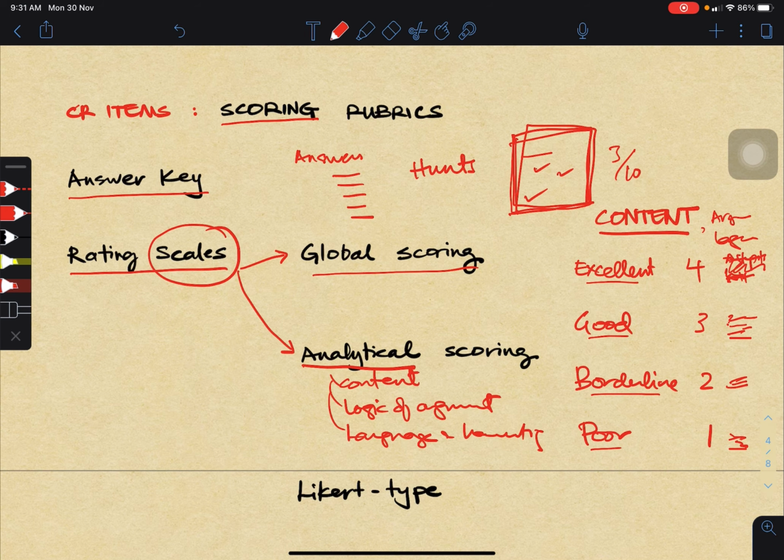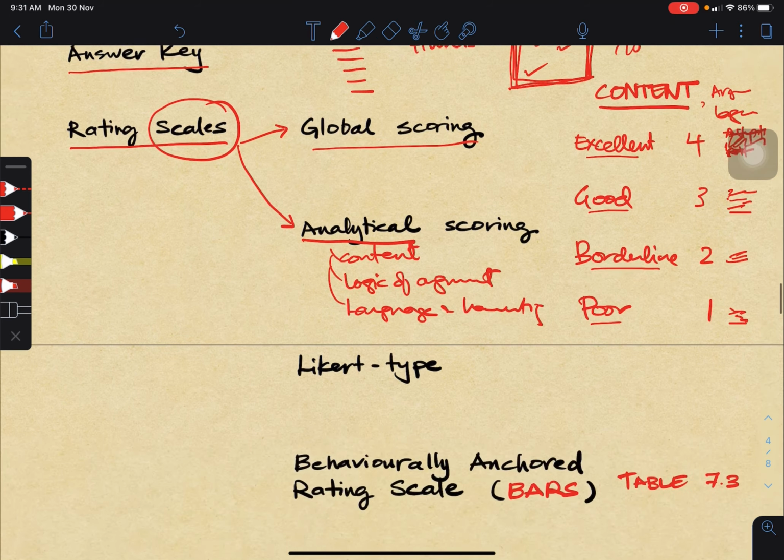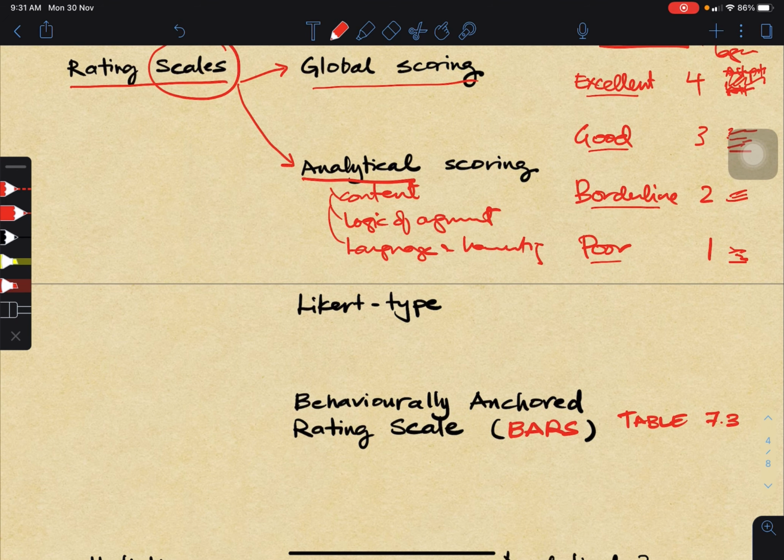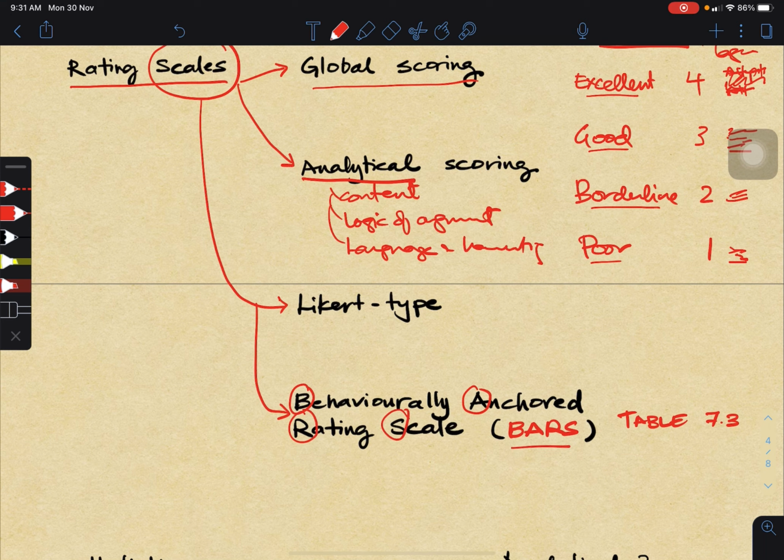Another feature of the rating is that you can have Likert type scoring, or you can have a behaviorally anchored rating scale, or the BARS.